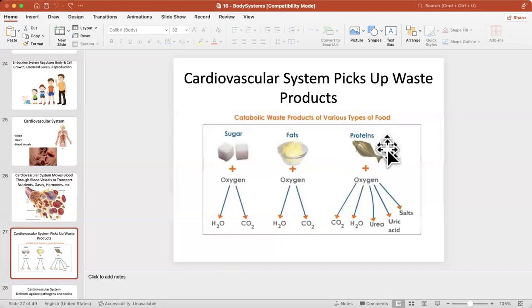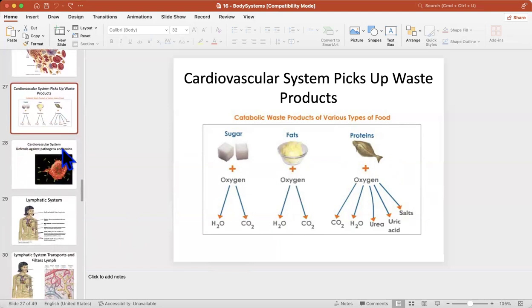And proteins, when you digest proteins, they produce more stuff: CO2, water, and urea, uric acid, and salt. They will be carried by blood, and urea and uric acid can be secreted out from the renal system, but they need to be carried by your blood. So still the cardiovascular system's job.